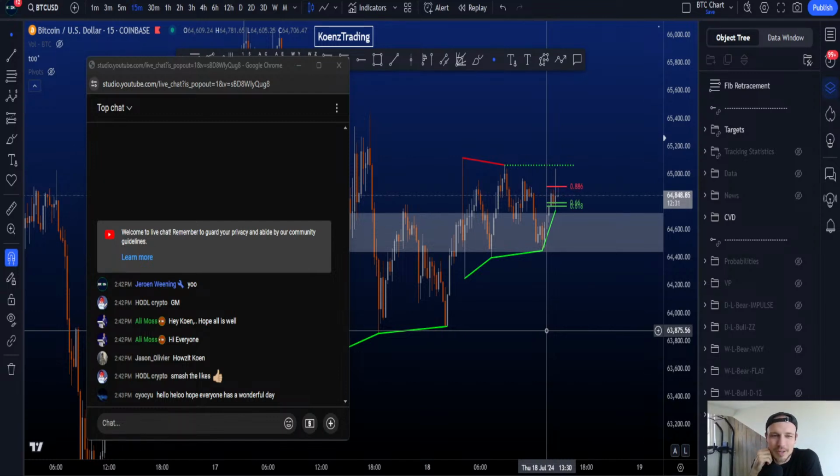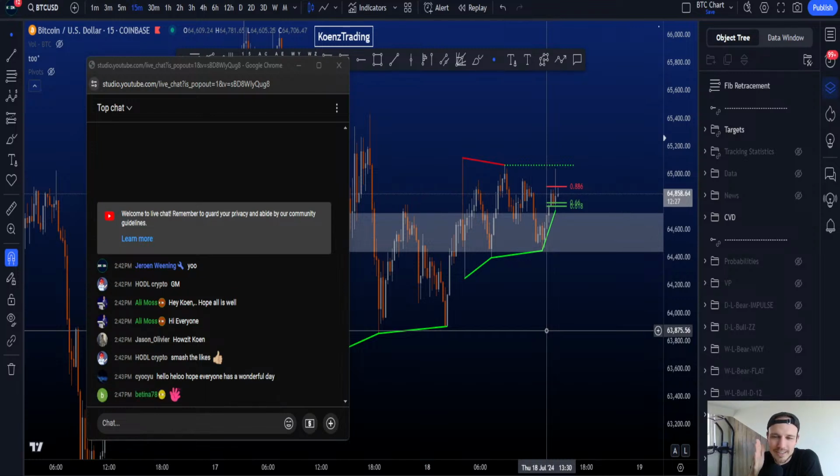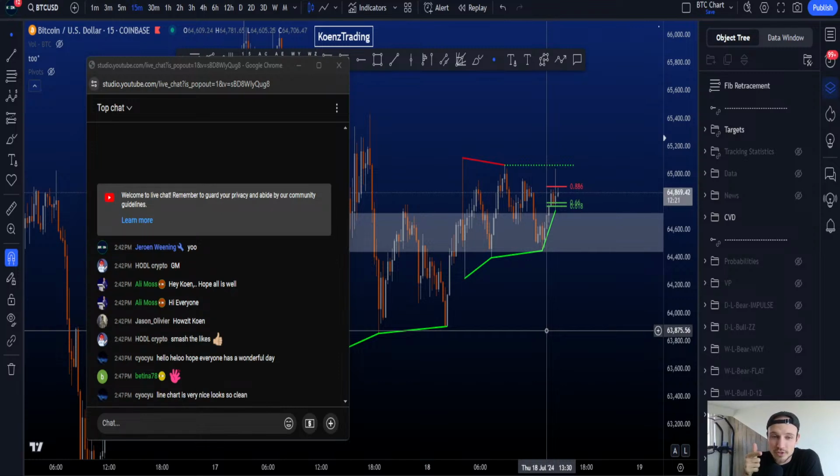It took me a while to get all the measurements and also be a bit more detailed with the fib times, and the measurements are different when you use a line chart compared to a candlestick chart with the wicks. So because of that, you have to do all the measurements again. So it took me a while to actually make that video because the preparation took a long time.